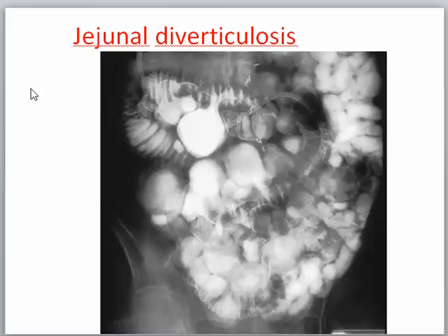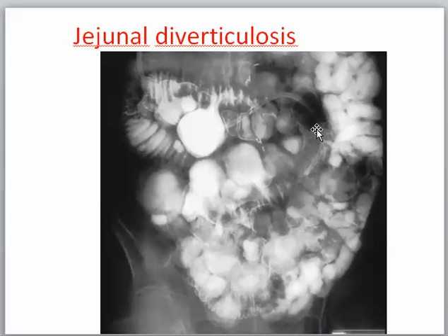What is this? We have here multiple diverticuli along the jejunum, which is normally present in the upper quadrant of the abdomen, but here it is elongated, and most are seen as protrusions of barium.